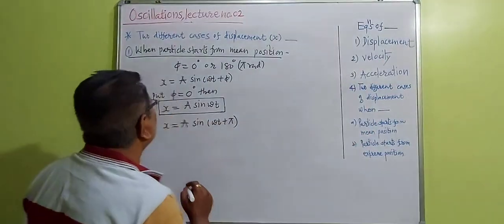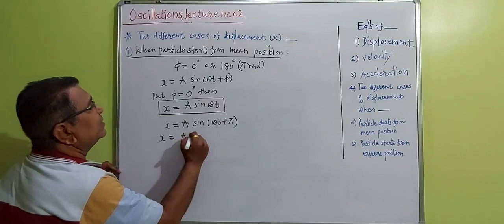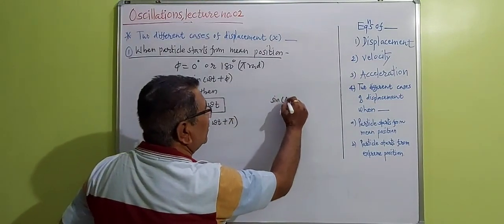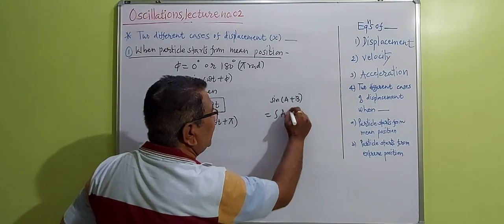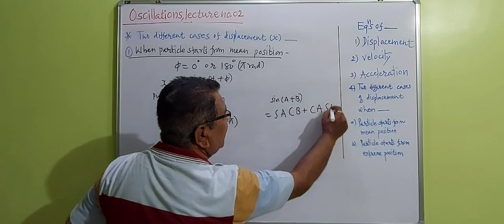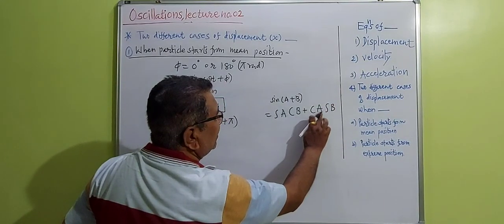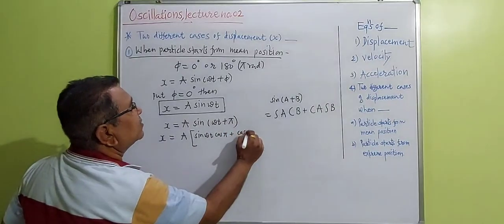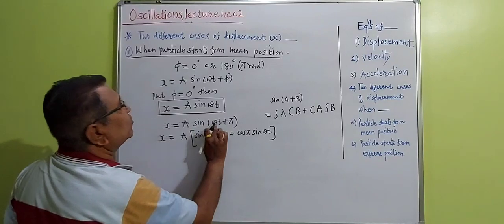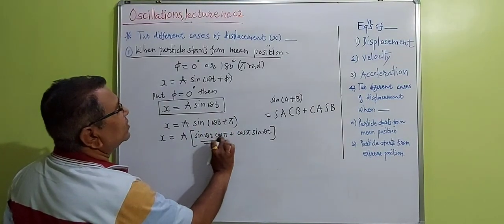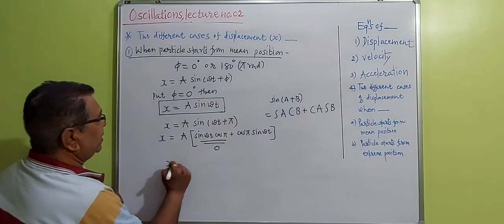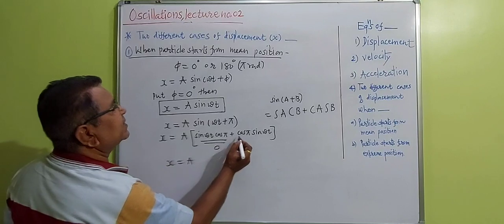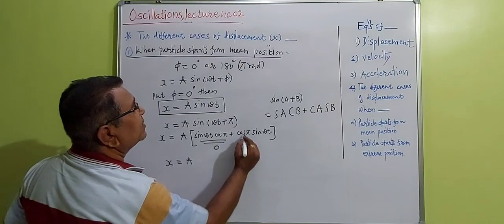Use the formula: sine of A plus B is equal to sine A cos B plus cos A sine B. So for sine of omega t plus pi, the first term is 0 because sine pi is equal to 0, and here cos pi is equal to minus 1, and sine omega t.